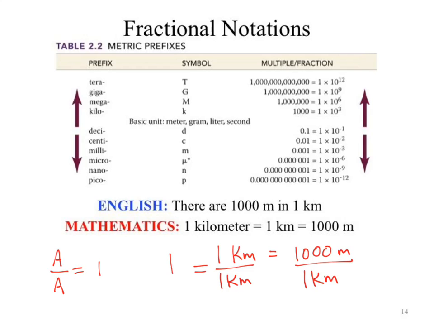Okay. What I've done is now converted that English statement into something that we can now mathematically use. We've got a numerator and a denominator. Okay, everybody's favorite relationships. We're going to build on this numerator-denominator relationship to be able to convert different units into different systems. Okay? So what do I mean by that?